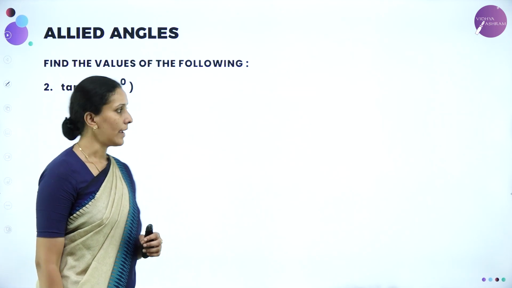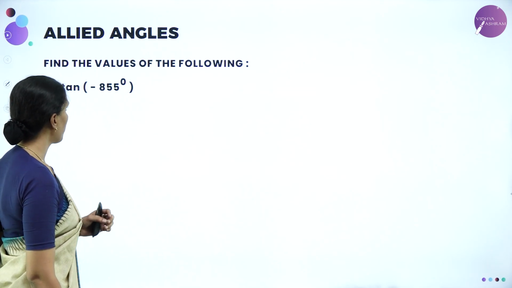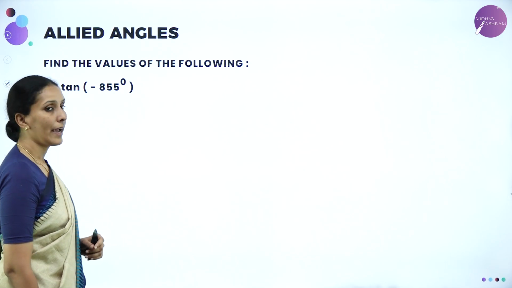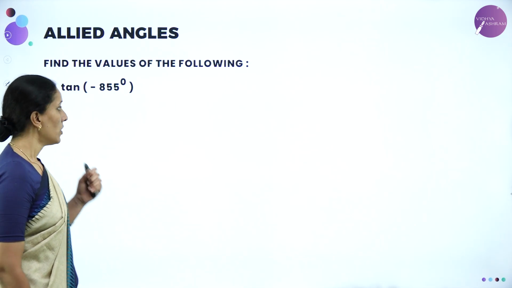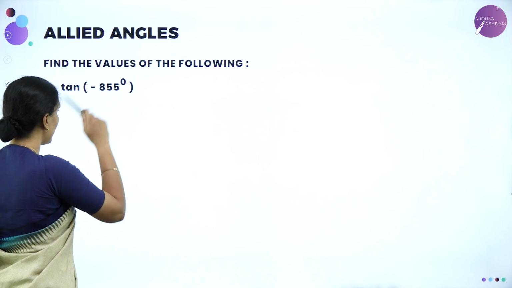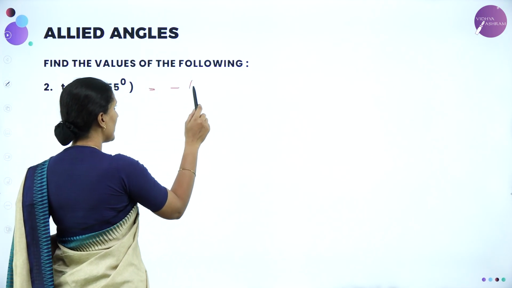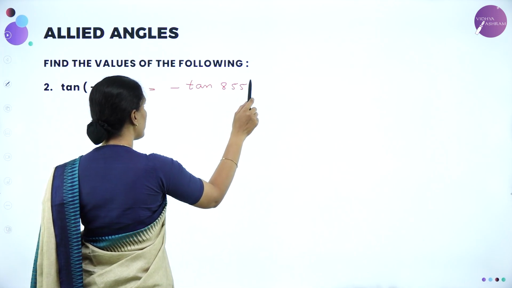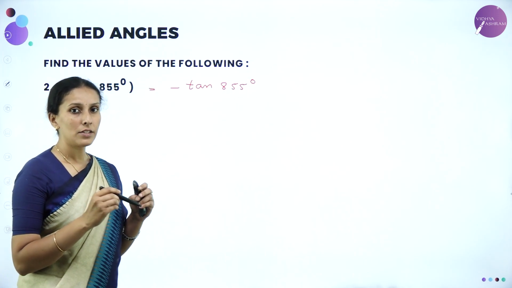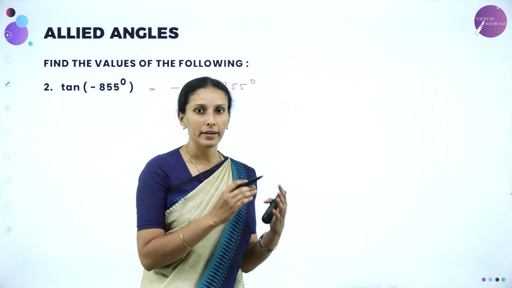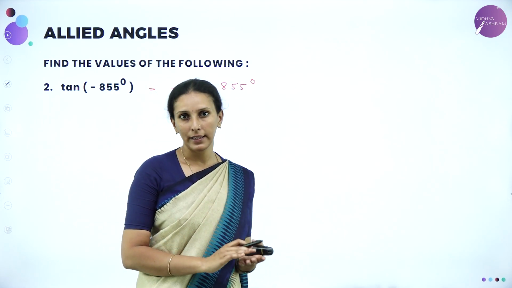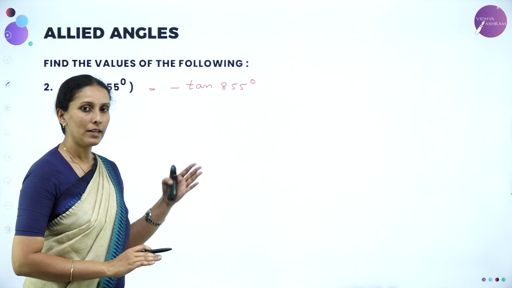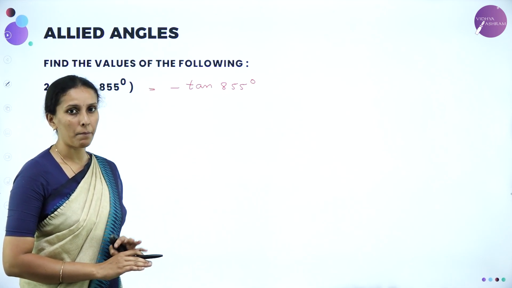Now let us take the second problem. Find the value of tan(-855 degrees). Here we have tan of minus theta, which becomes minus tan theta, which means minus tan 855 degrees. Now let us find the nearest multiple of 180 or 360. Because tan will remain the same, we only have to worry about the sign.